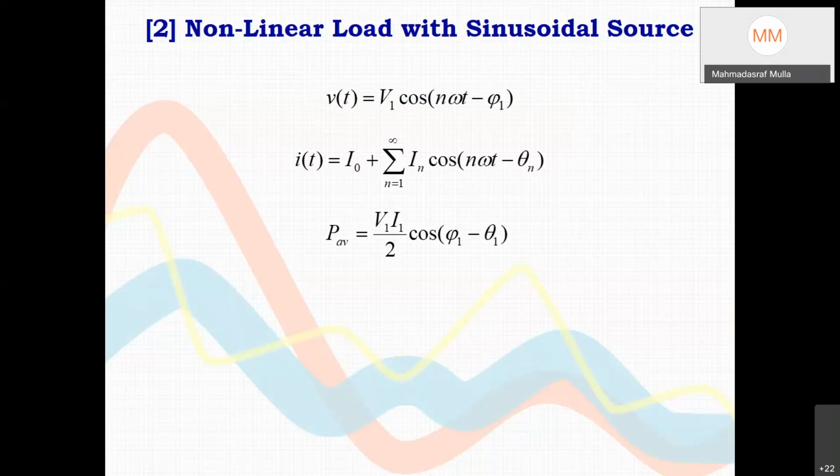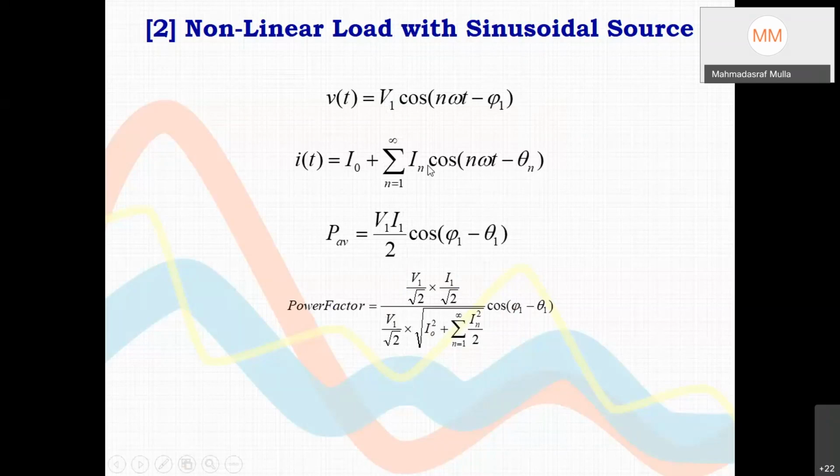So V1 by root 2, I1 by root 2 cos of angle between voltage and current. Okay. Now here what volt ampere we are utilizing? So supply voltage RMS value. Now supply current is having many components, though only fundamental current is helping towards power transfer.